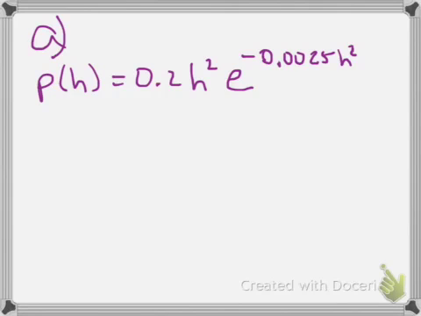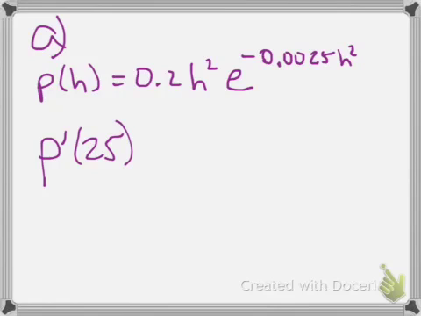So we want to find P prime of 25, where P of h is this expression here. Now, since this is the calculator section, I don't want you to start trying to take the derivative by hand for this thing. It's well within our abilities, but we don't want to do that because we have a calculator available, and a skill we are allowed to use on the calculator is finding the derivative at a point.